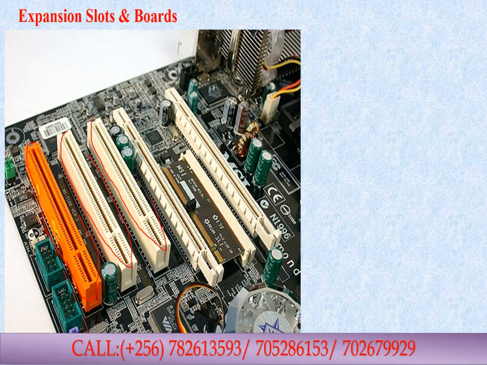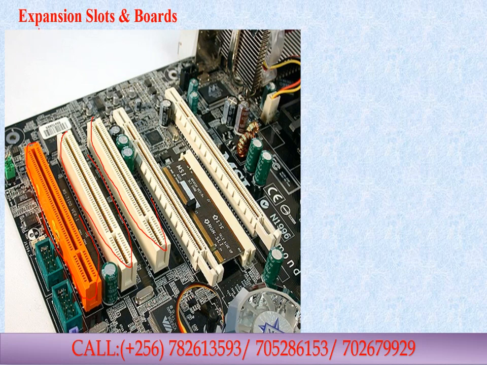You may also require more capacity for your processor. Maybe you may want to have a network card, which can allow your computer to be connected to the internet or to any network. So you can get that extra card and slot it in.